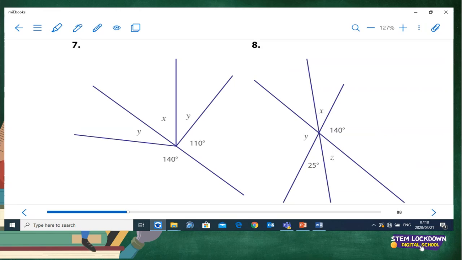And what does this tell us? This tells us that angle y is also equal to 140 degrees. And the reason being, vertically opposite angles are equal. Therefore, y is equal to 140 degrees.